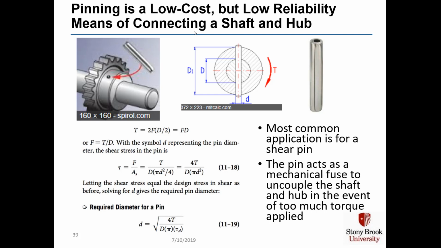And so the shear stress is equal to 4 times the torque divided by capital D times pi small d squared. Then we can calculate the required diameter for a pin to shear at design shear stress tau sub d: d is equal to the square root of 4 times the torque divided by large diameter D times pi times tau sub d.